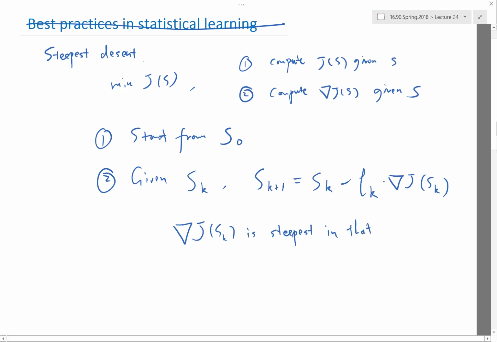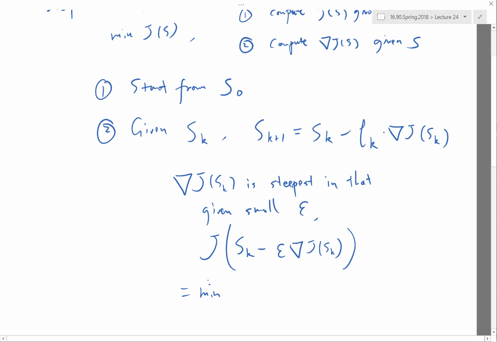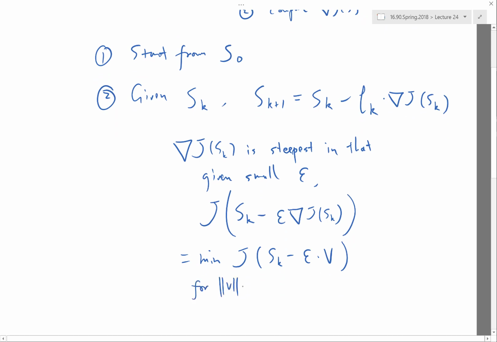If I take an infinitesimal step, given a small enough epsilon, sk minus epsilon times this gradient, then the objective function equals the minimum over any J of sk plus epsilon times v, for v having the same magnitude as the gradient. So if I take a step of the same magnitude, epsilon times v, where the magnitude of v is equal to this, then epsilon times v is the same magnitude as epsilon times the gradient.